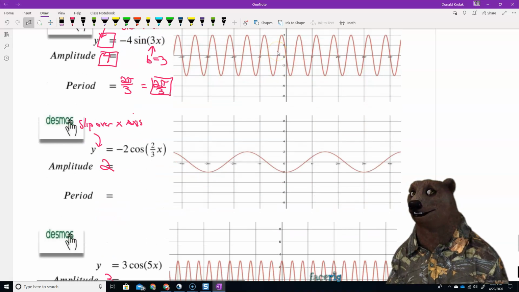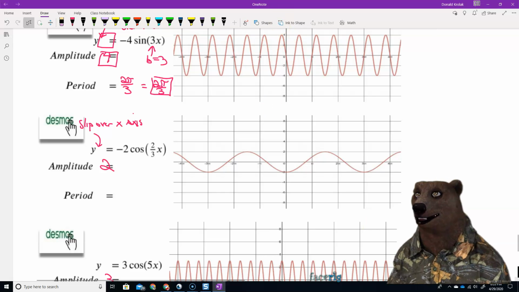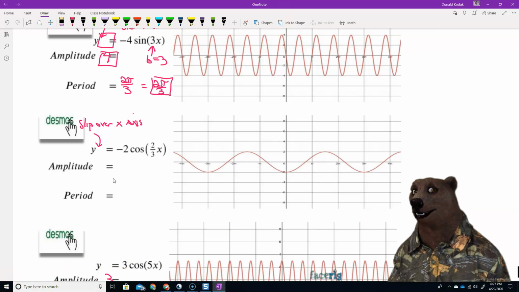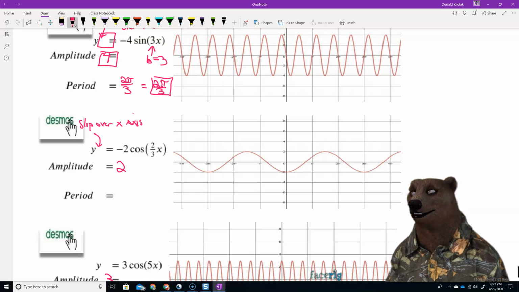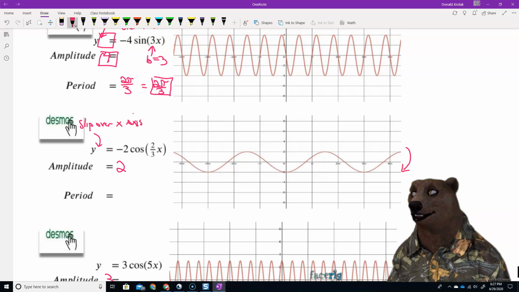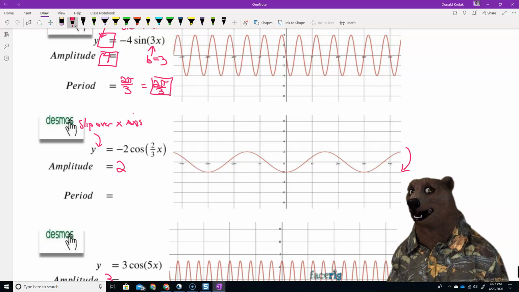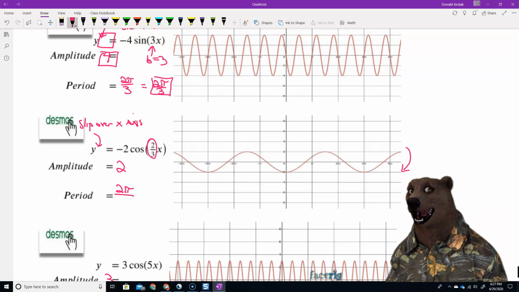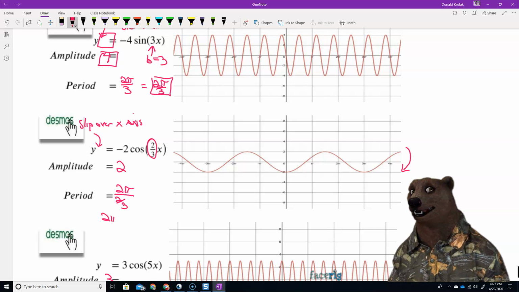Okay, now if you click on these icons, it'll take you to a cosine graph. So we already identified our amplitude. It's positive. That negative just made it flip over the x-axis. B is equal to 2/3. So my period is 2 pi divided by 2/3. So 2 pi over 1 times 3 over 2.